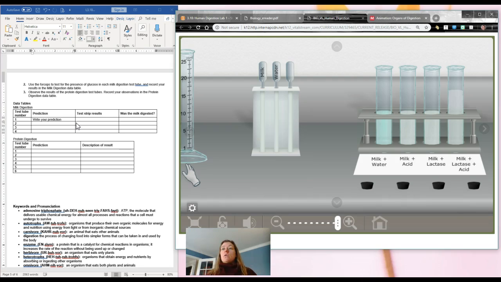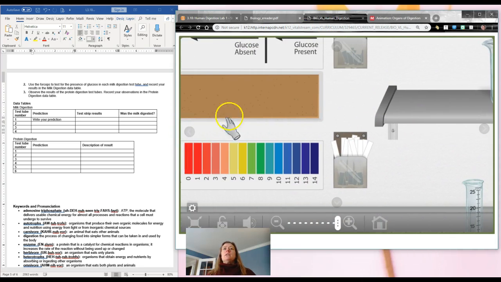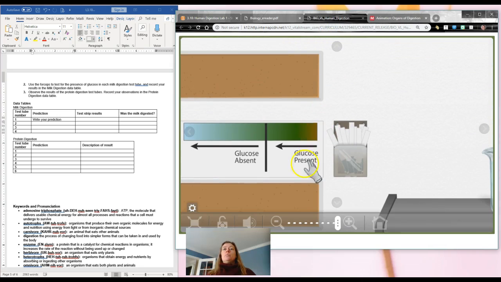And if you think so, well, then we'll write the results later. So write your prediction. You'd say the milk was digested or the milk was not digested. And again, if you want to know what you might be looking for, here's that table. If glucose is present, in other words, if the milk was digested to break down into glucose, then you'd see a yellow show up when you used this strip on there later.